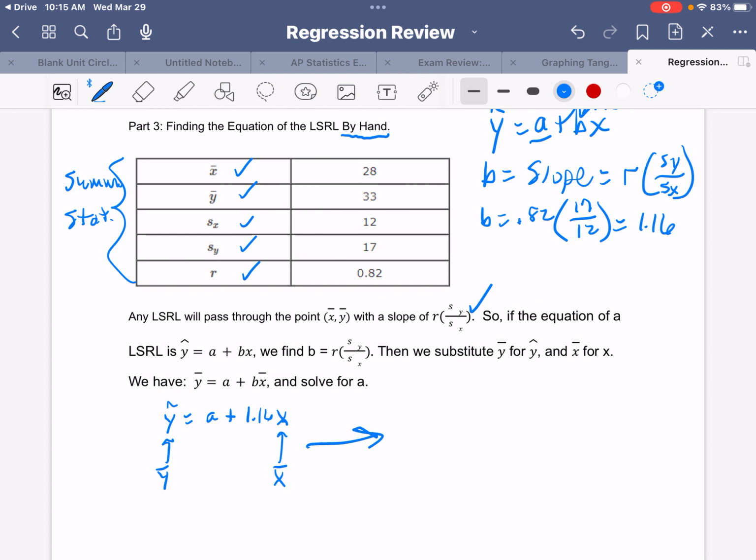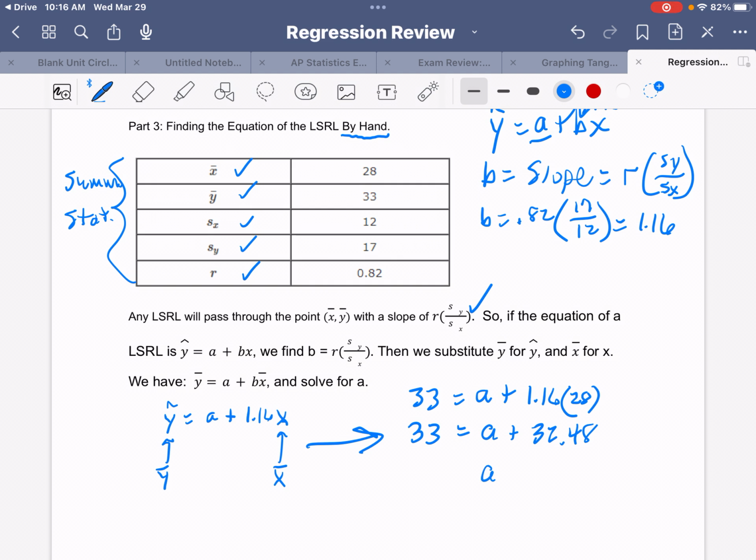If we do that, we now have 33 equals a plus 1.16 times x bar, which is 28. Now all we have to do is solve for a. So 33 equals a plus 1.16 times 28, which is 32.48.